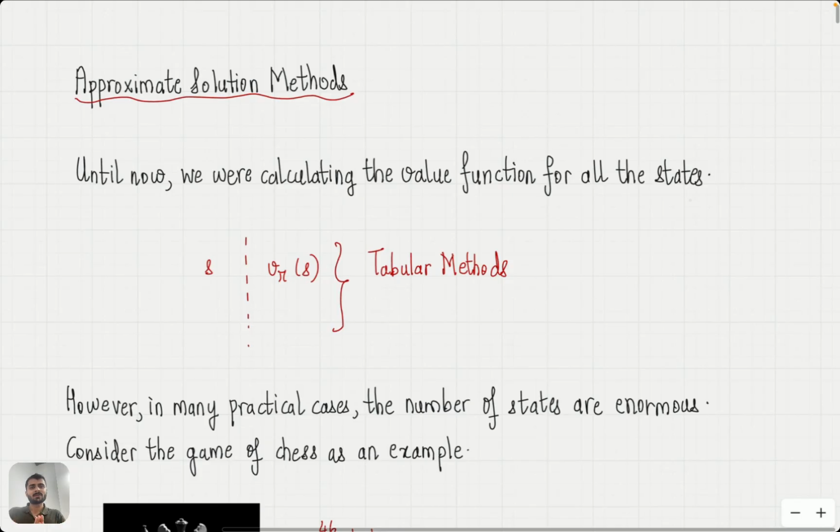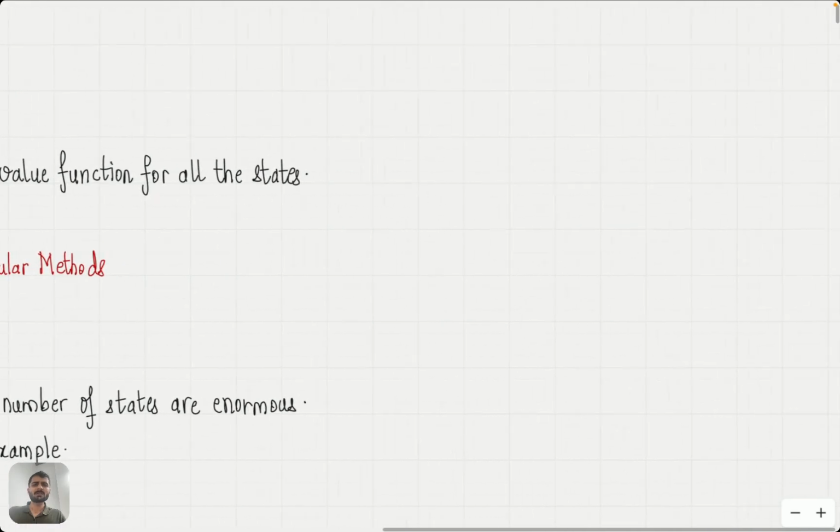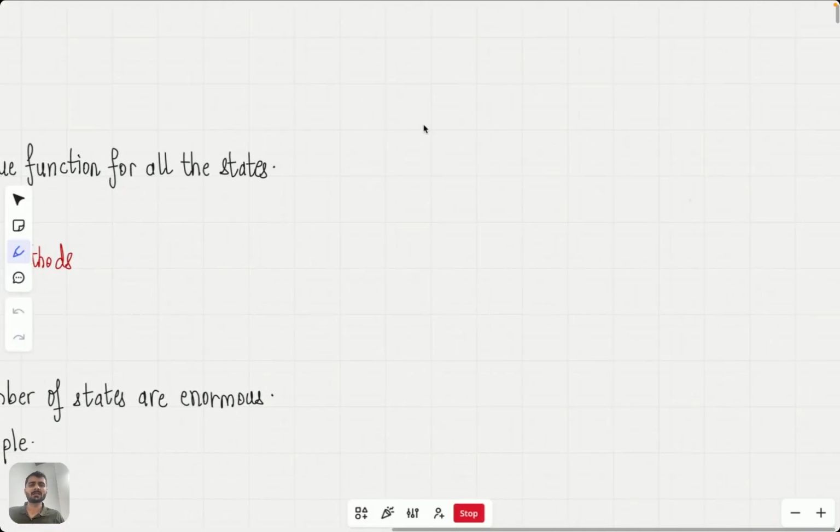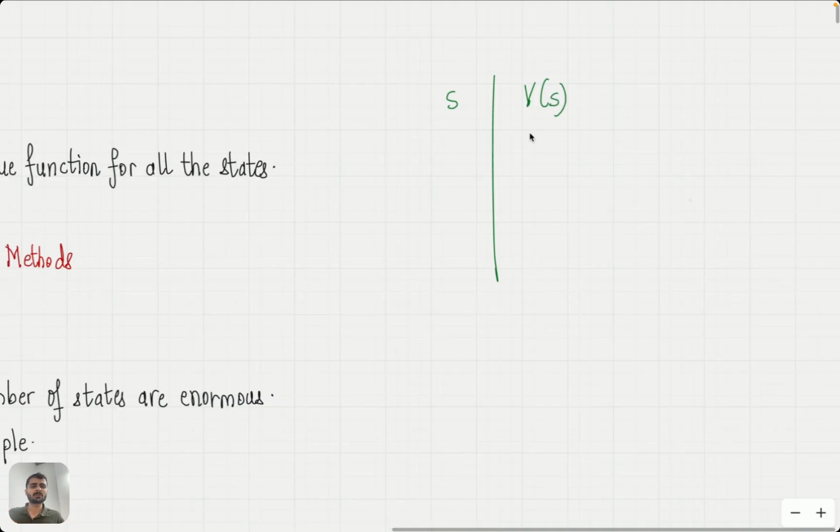This trio of methods is what constitutes classical reinforcement learning. And in all of these methods, you might have realized that we have a state and we have a value function of a state. All our methods, all our discussion, has always focused on calculating the values of each state.